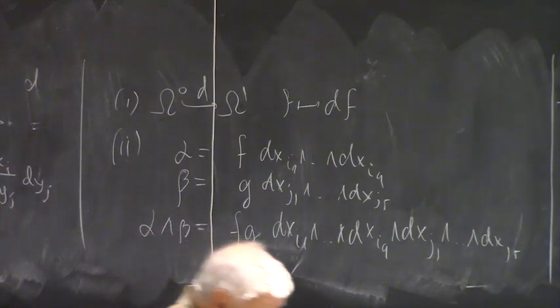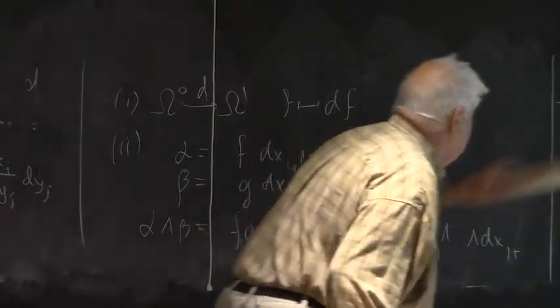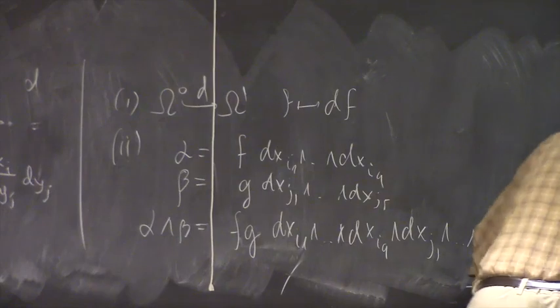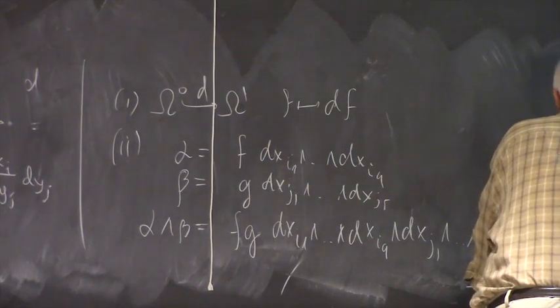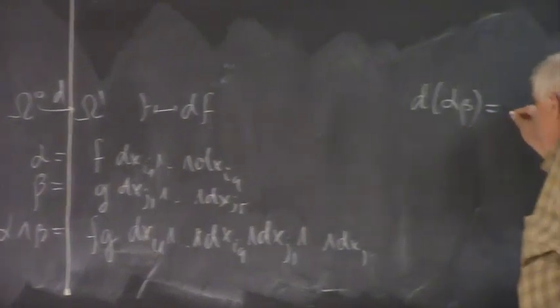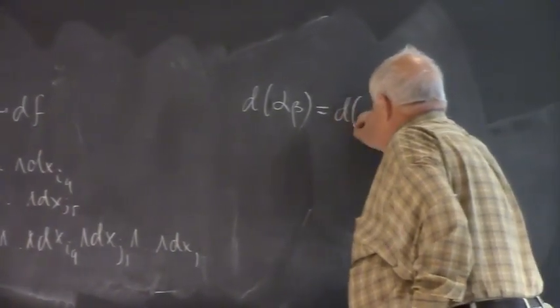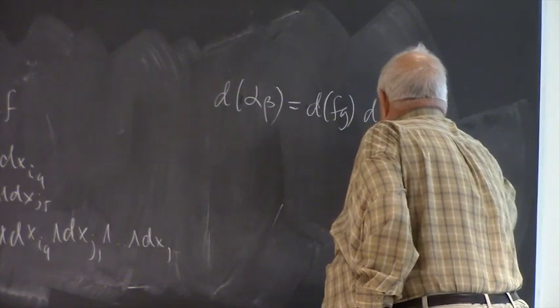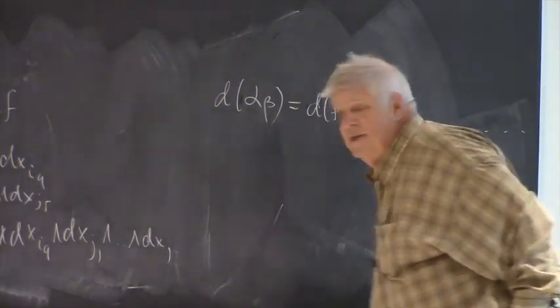Now three things. d of alpha wedge beta, very much determined by our construction. This is d(fg) times all these differentials, right?